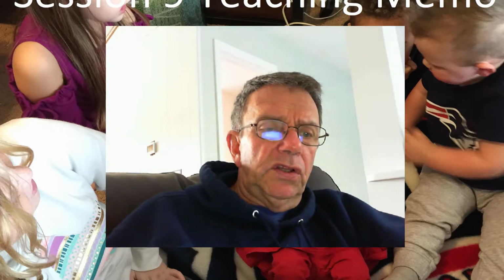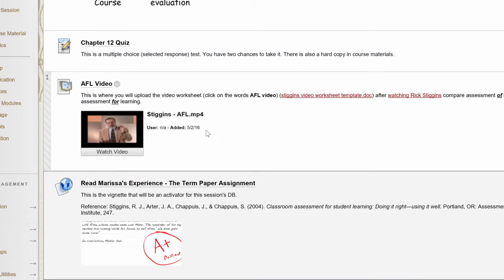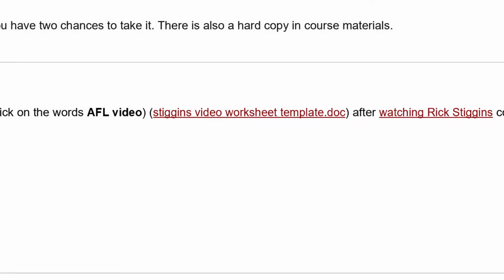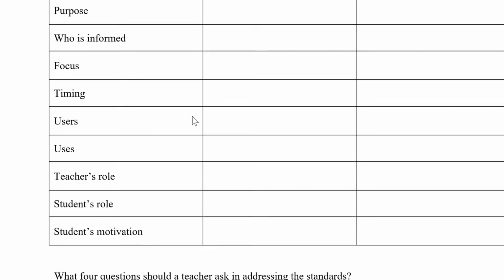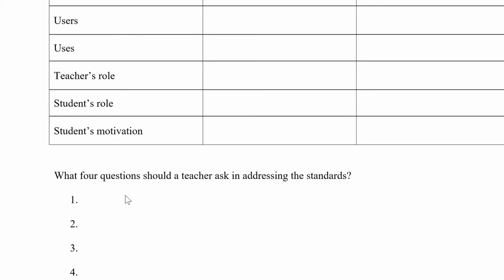You also need to watch a video, the Rick Stiggins video. This is a very simple assignment. You download this worksheet template, and I'll click on it and open it. All right, there it is. So it's just filling out this form, and then there are 4 questions that he asks, or that you should ask as a teacher, that are very clear.